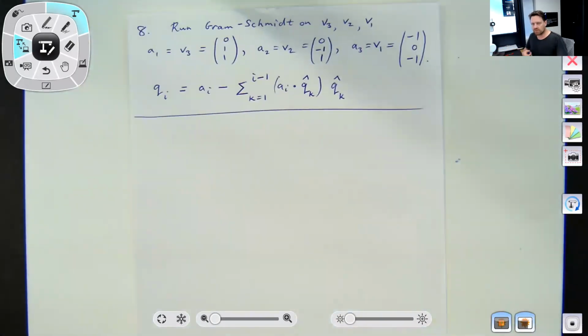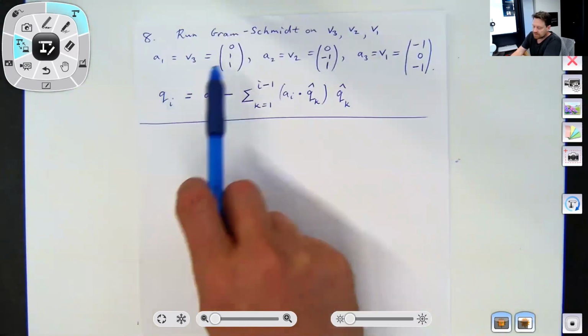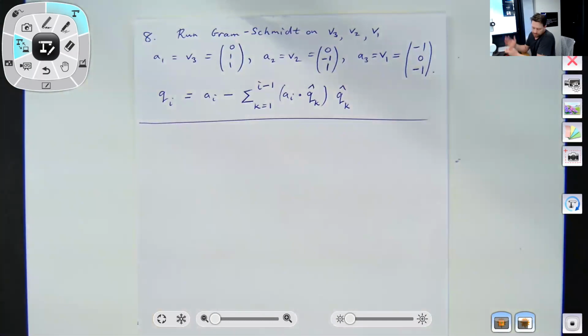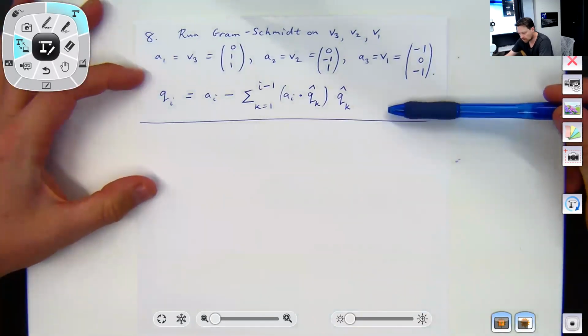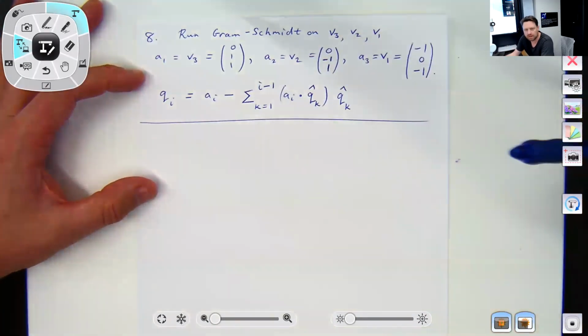Now I'll go to what I've written. I've got run it on v3, v2, v1, and I'm going to rename them straight away. I'm going to call a1 the first one that we'll work with, which is v3 here, and likewise a2 and a3. You'll see I've got the formula written as it pertains to these three, A1, A2, A3.